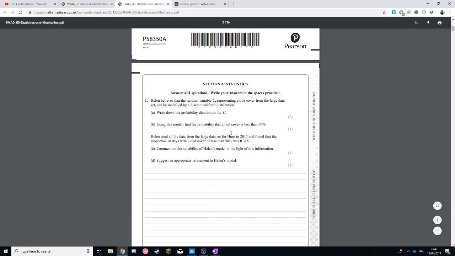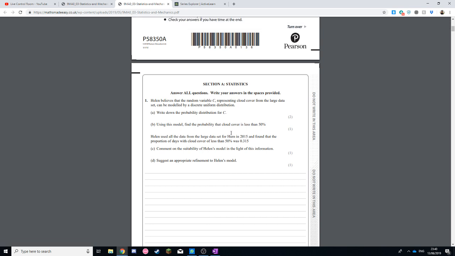Helen believes that the random variable C, which represents the cloud cover, has a discrete uniform distribution. Give the probability distribution for C. Huh, what? What's a discrete uniform distribution? So that's normal.